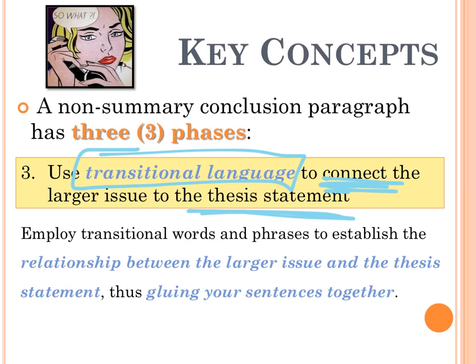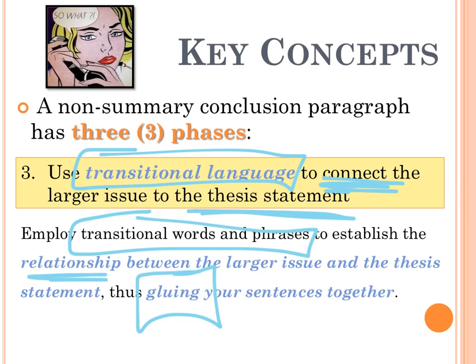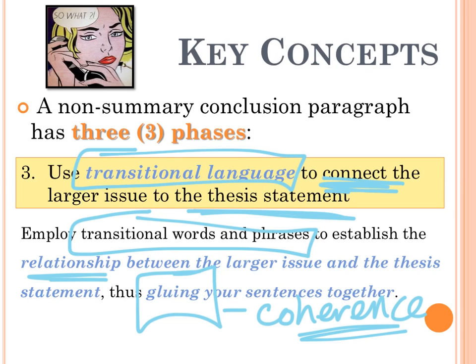And so our goal is to connect this larger issue to the thesis statement, and we do that by using transitional words and phrases to establish the relationship between these two moments in the paragraph. And our objective is really to glue everything together. So we're back to this idea of coherence that we've been practicing since last semester.